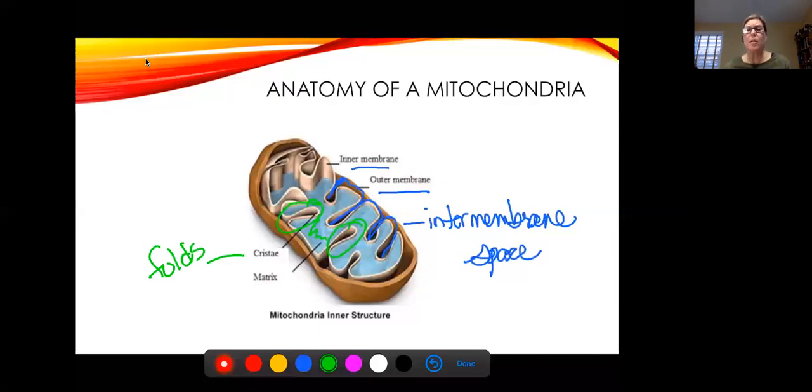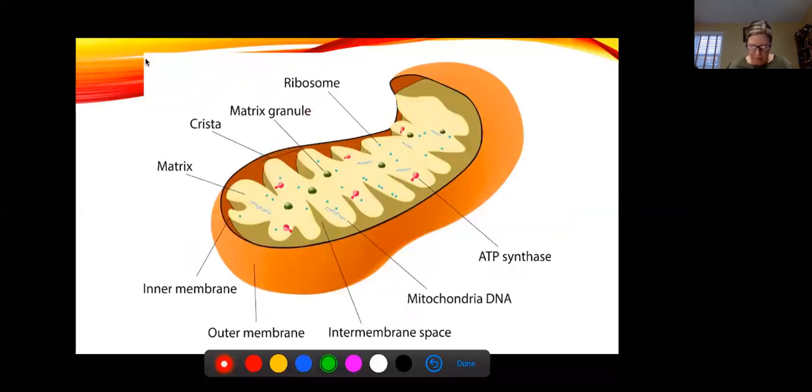The reason why it's so folded or convoluted is because it gives it more surface area, because we're going to be doing a lot of chemical reactions inside that inner membrane. Also inside there, I have another picture here, which I like, because it shows mitochondrial DNA. There are only a few organelles that have DNA.